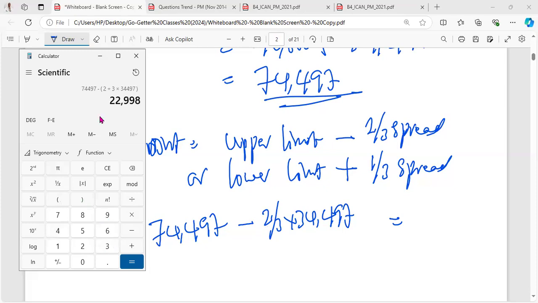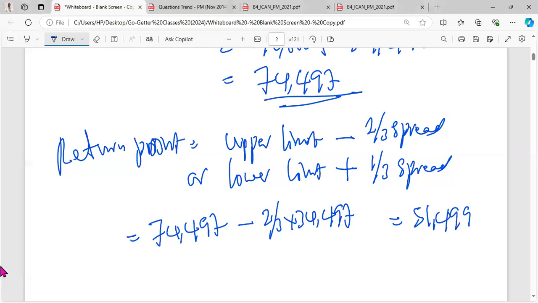Close the bracket. Then I'll say equal to. So that is 51,499. Now that's the upper limit angle.